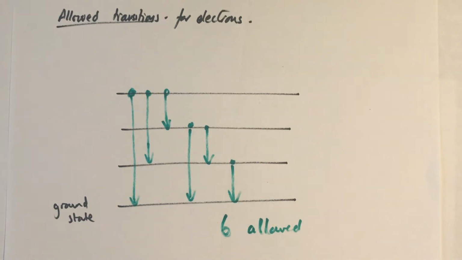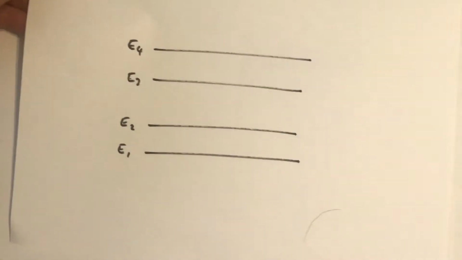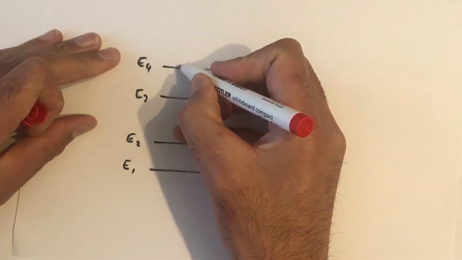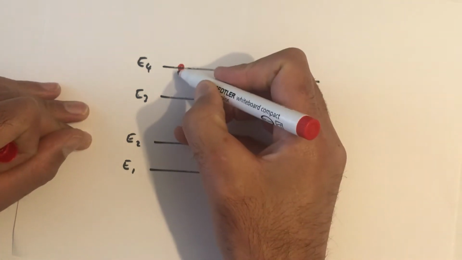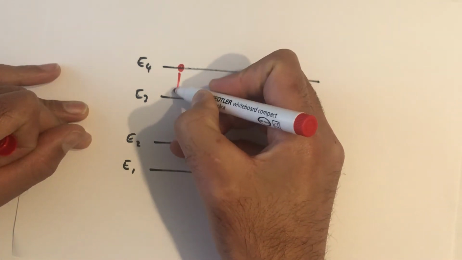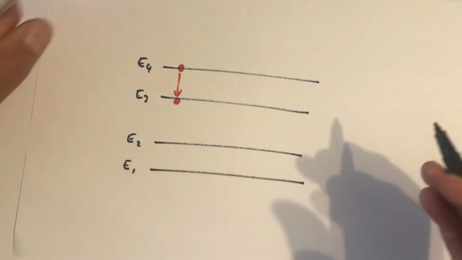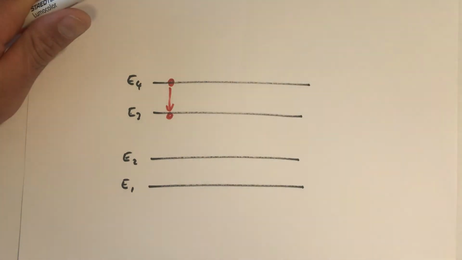Moving on with more work on electron transitions, the next step is to recognize two important things. One, when an electron transitions between levels and goes down, it has to lose energy, and that energy will be emitted as a photon.